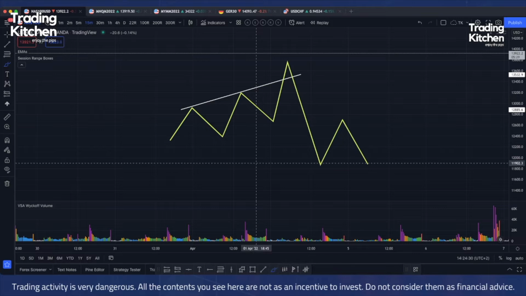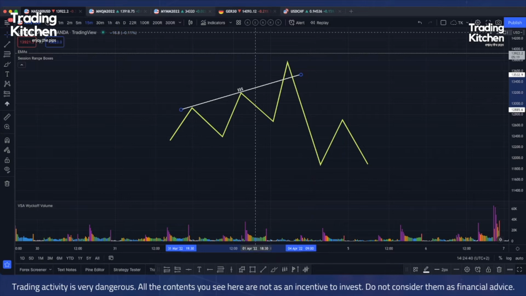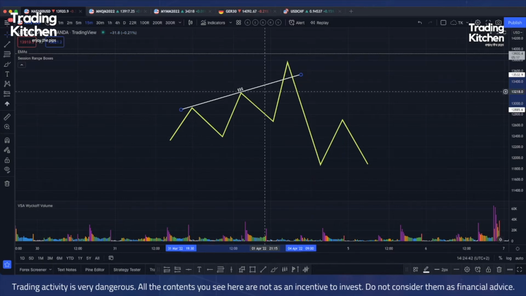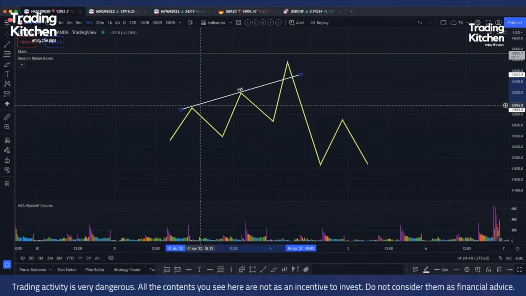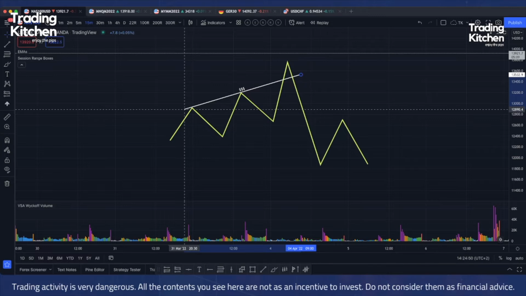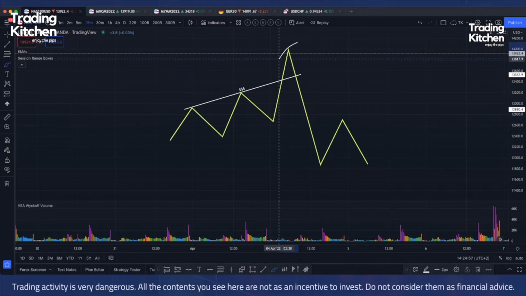Because this is usually called by retailers a trend line, but the reality is that for the institutions this is dynamic liquidity. This is not a fake breakout. This is a liquidity grab.